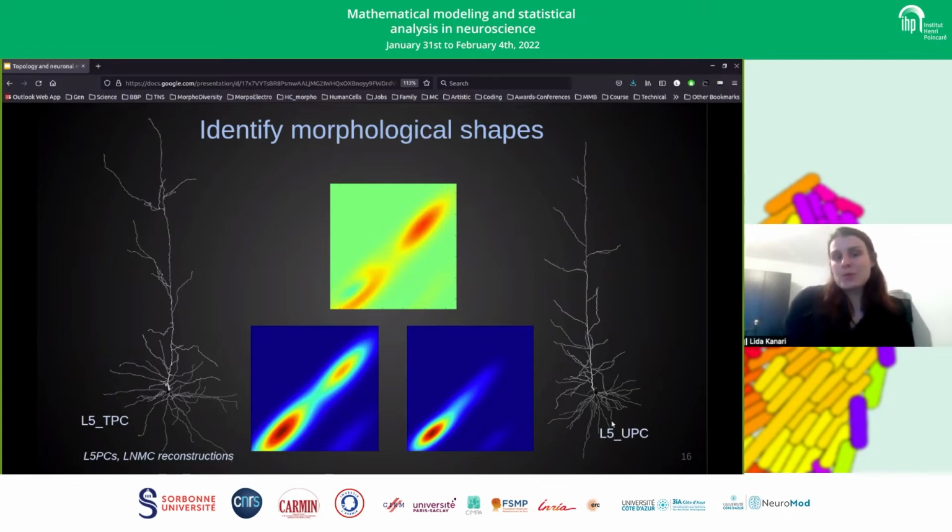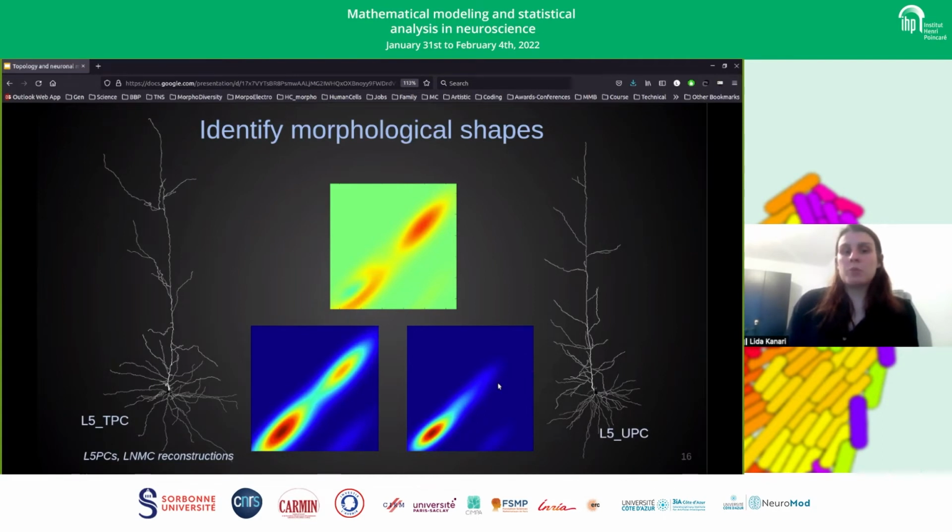The experts were calling these types of trees tufted, because as you can see in the persistence image, sorry, there is a tuft that is now very clear, and it represents that part of the tree. And the other type of neurons were the untufted, because this tuft is missing. This is something we can now see very clearly with this decomposition into the topological descriptor that I described.